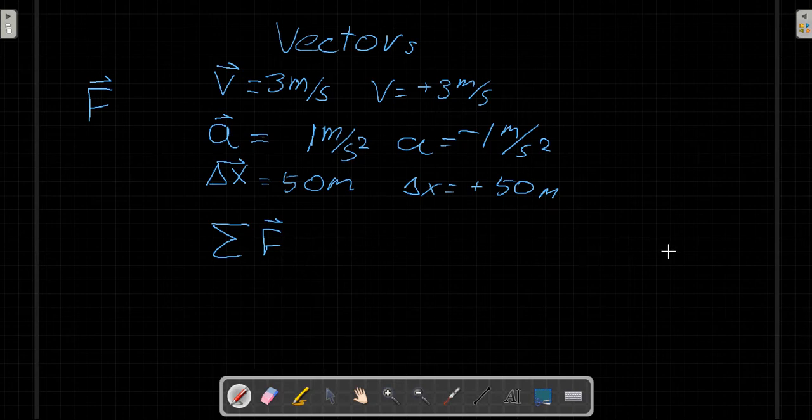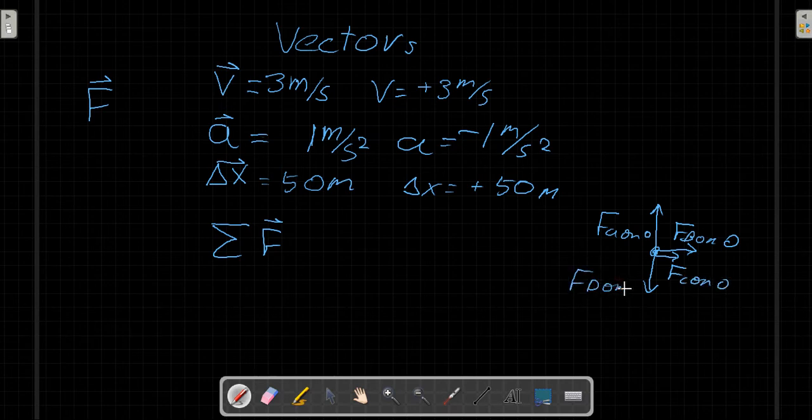And so let's say we had some sort of object with these vectors on it, and we'll call this force A on O, force B on O, force C on O, and then force D on O.